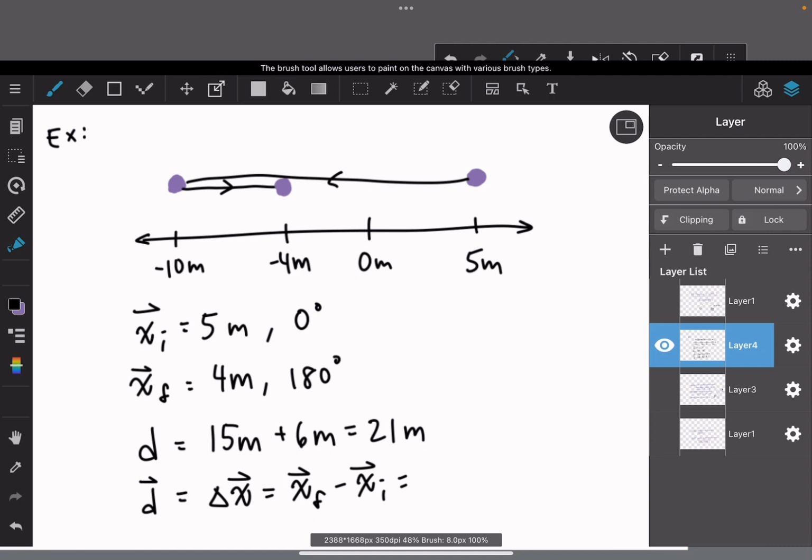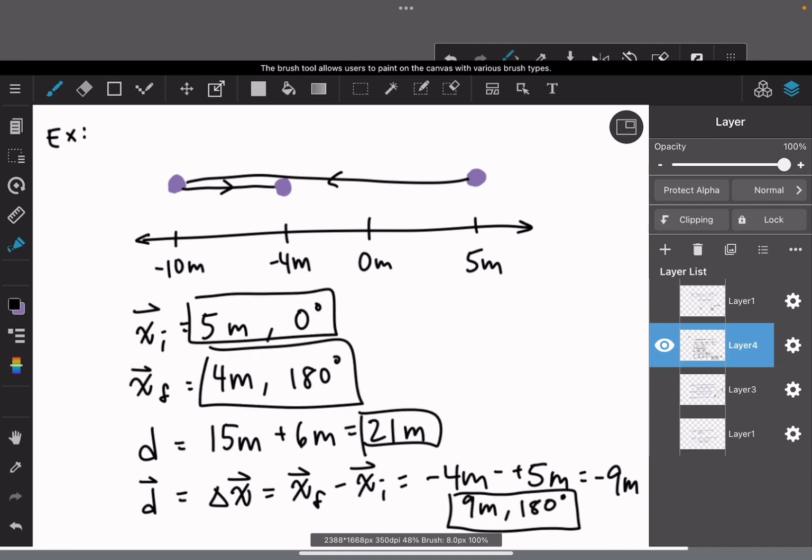So instead of saying +4, 180 degrees, you would just say -4 meters. All right, and then minus the initial position, so minus +5 meters. And that would give you -9 meters. And then converting the -9 meters to vector form, you would say the magnitude, which is 9 meters, 180 degrees. Okay, hopefully that example made sense.